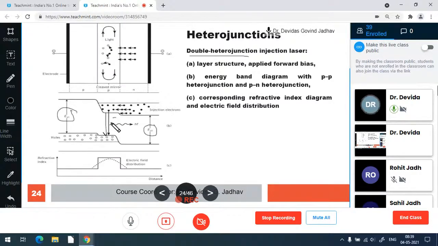So recombination of electrons and holes takes place only in the sandwich layer. This layer, which has the lesser band gap energy, is called the active region. This active region is made very thin so as to have directive beam emission, and also very high gain.